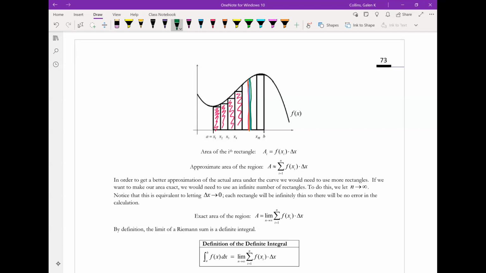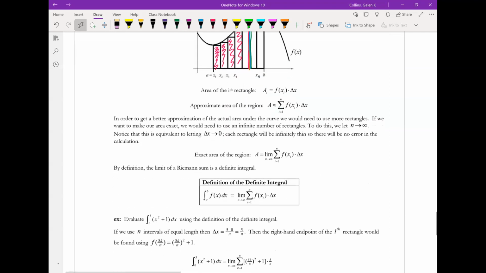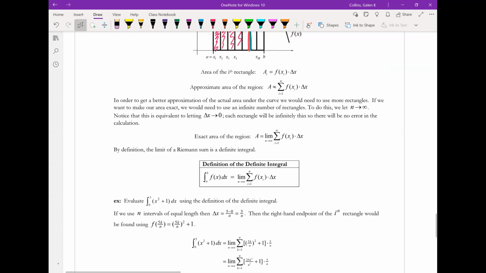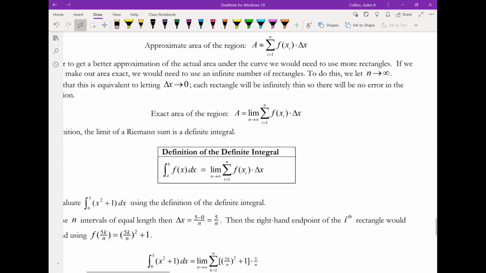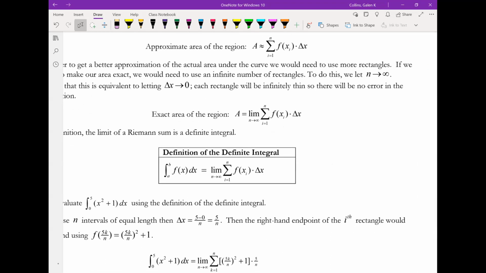So when we look at the definition of the definite integral, and I'm not going to go into as much detail as we did when we talked about the definition of the derivative, I'll just tell you that it comes from this summation statement. It comes from a sum. And I want to just kind of break it down. That f of x sub i represents the height of the ith rectangle.